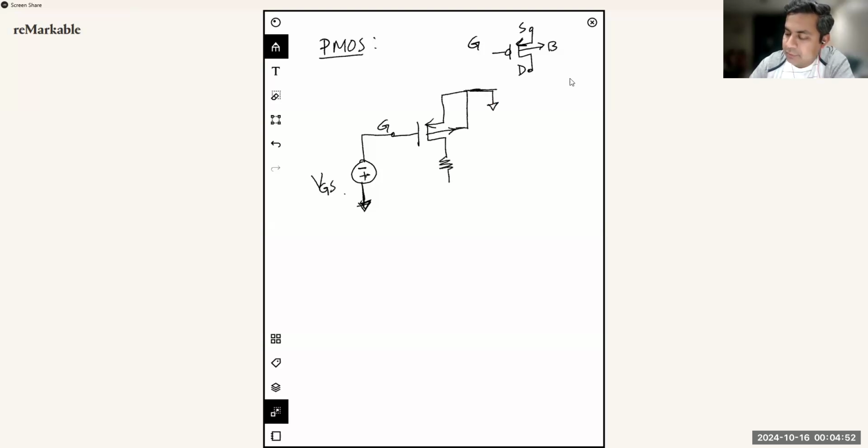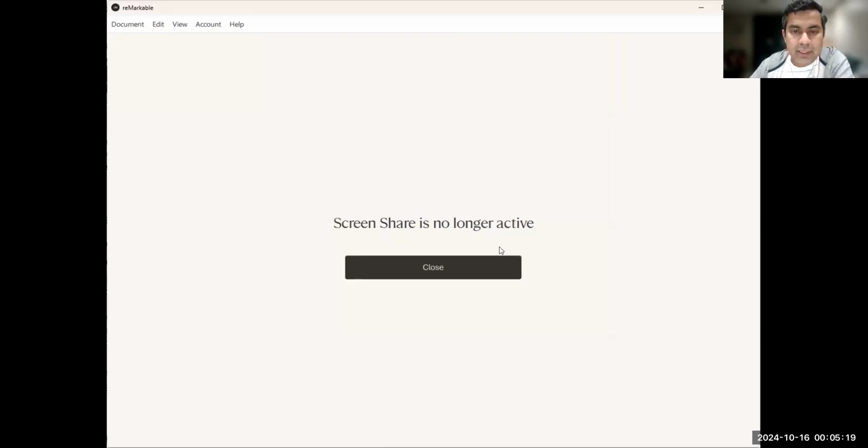And then you have the drain and another source, and its polarity is also going to be opposite.